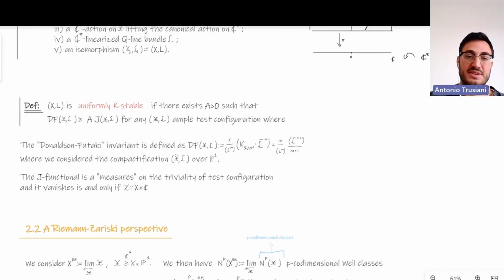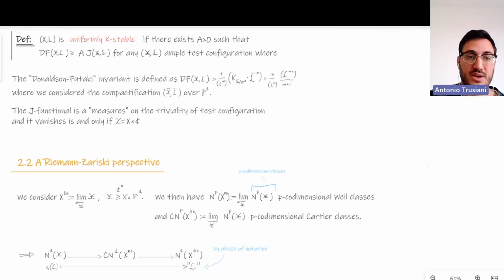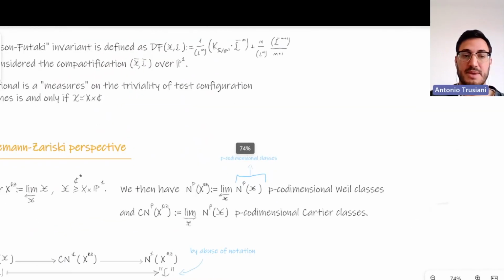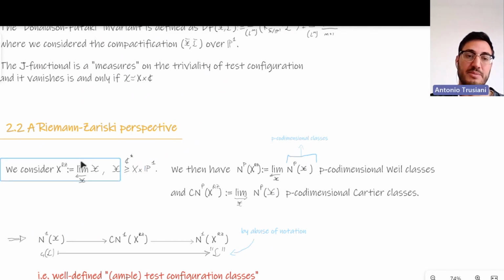The first observation is that this Donaldson-Futaki invariant is a numerical invariant, namely it depends on the first Chern class of calligraphic L. This intersection is a numerical quantity. So we can consider the following Riemann-Zariski space. We consider all calligraphic X that C star equivariantly dominate X cross P1, and we consider the projective limit of all these calligraphic X.